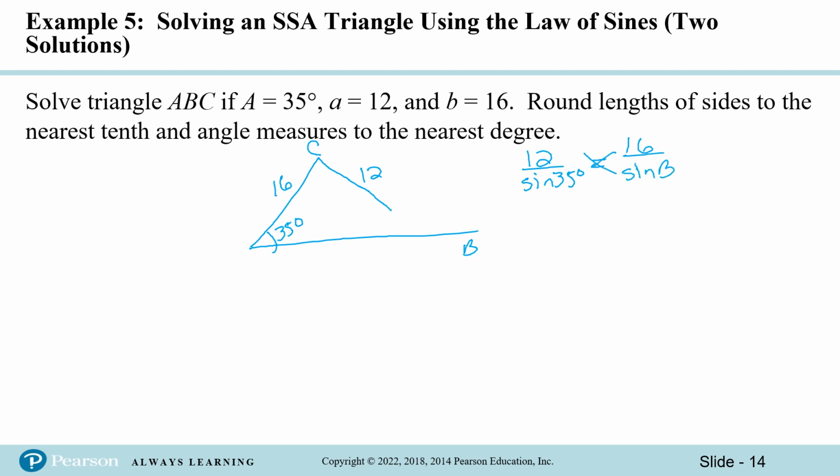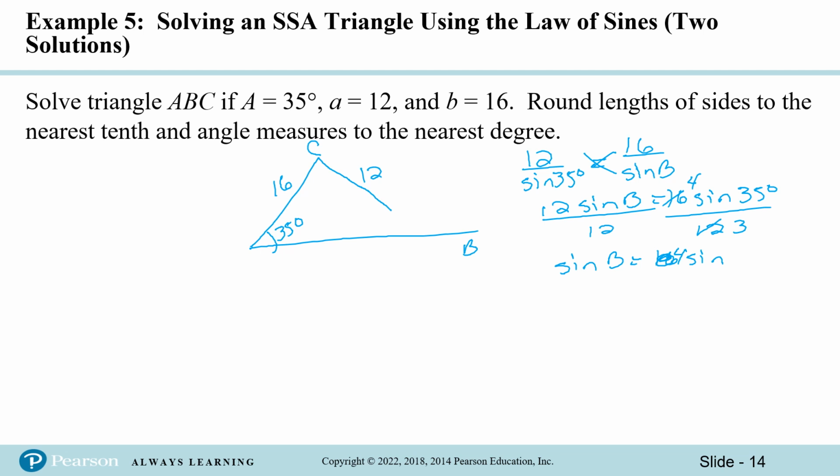And we cross multiply. So 12 sine B is equal to 16 sine 35 divided by 12. And we get sine of B is equal to 16 sine 35 over 12. We can simplify this. 4 goes in there 4 times, 3 times.